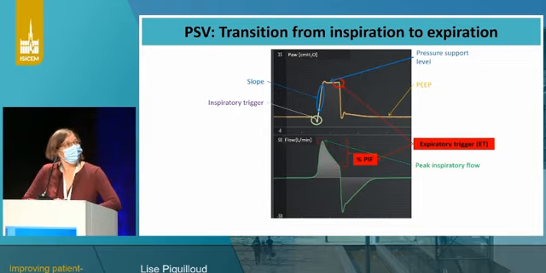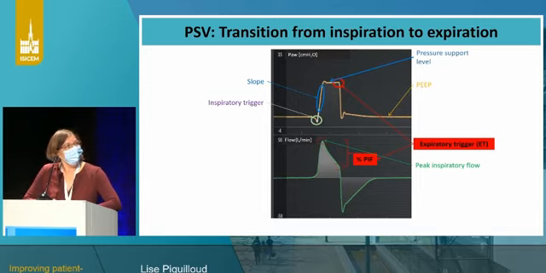During pressure support ventilation, this transition is managed by the reduction of inspiratory flow. Practically, the system detects the maximal inspiratory flow here, then looks at the decreasing phase, and as soon as a set value is reached, a percentage of the maximal value, the system opens the valves and allows expiration.